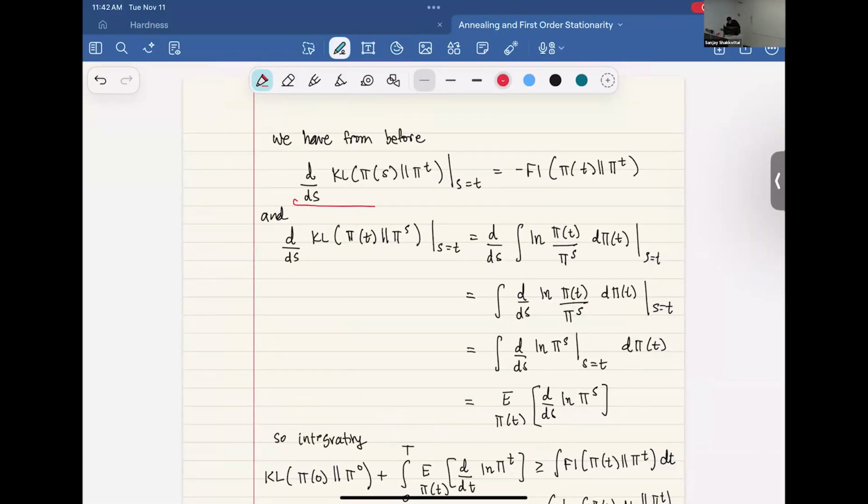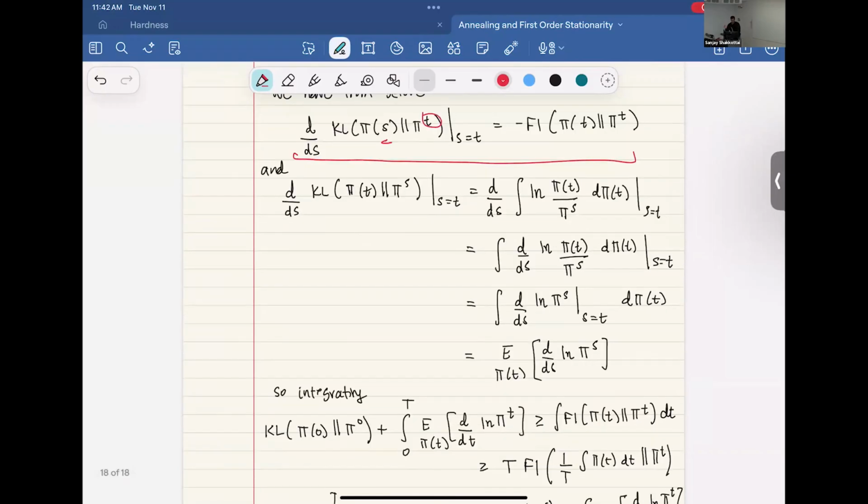I'm fixing this t, and taking the derivative with respect to the time in the first argument, and De Bruijn just gets you that this derivative is the negative Fisher divergence. This is the same as before.